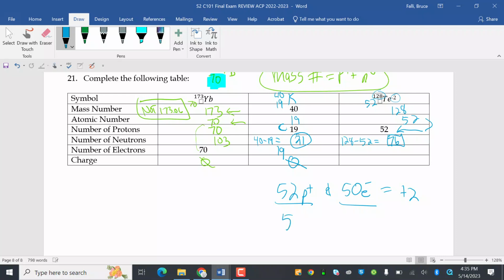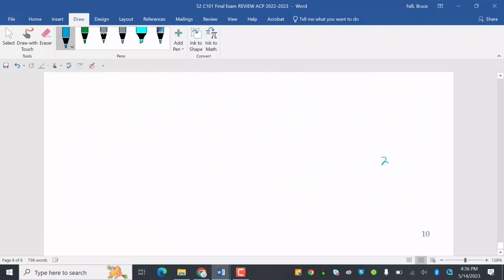How do you know you have 52 protons? It says 52 protons right here. So that means I have to have 54 electrons, and that will give me minus 2. Well, how did I know that that was minus 2? It told me up top it's minus 2. Charge is minus 2. There you go.